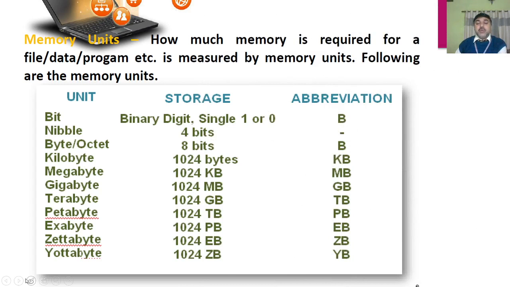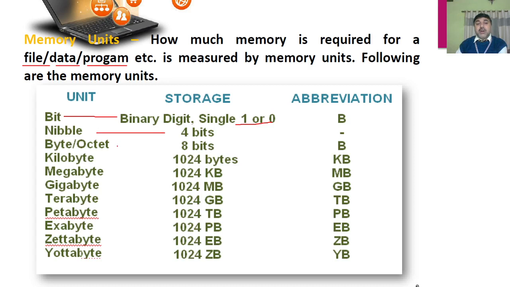Now memory units. The memory that we are storing has different units, isn't it? The data, the files, the programs, whatever we require, each and everything has a different unit. The first unit is a bit. What is a bit? A bit is a binary digit, ones and zeros. Then nibble: 4 bits make one nibble.